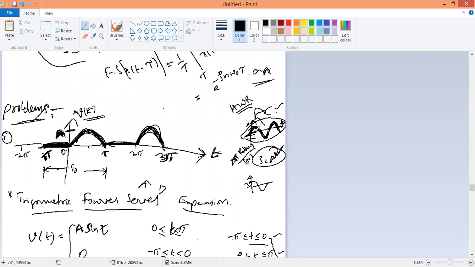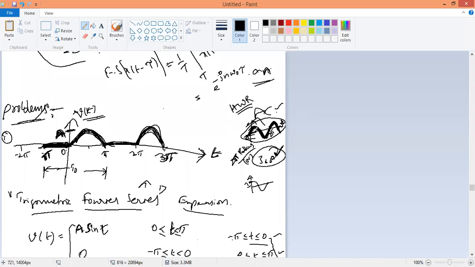So 0 to 2 pi represents one complete cycle. It is the standard time period, or overall time period. The remaining full cycles have the same 2 pi radians: 2 pi to 4 pi, 4 pi to 6 pi.